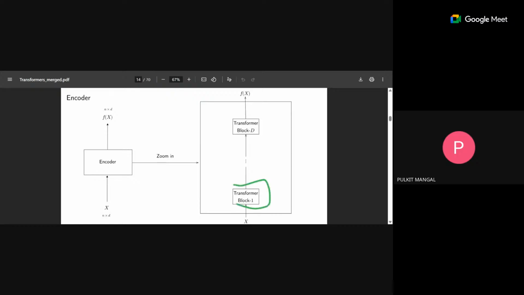We will be stacking these transformer blocks on top of one another, and there are some number of such blocks. In the original paper, Attention Is All You Need, they stacked around 6 transformer blocks. But how many transformer blocks you need is a hyperparameter that we choose by ourselves. So we feed an n cross d matrix, and the output will also be an n cross d matrix.